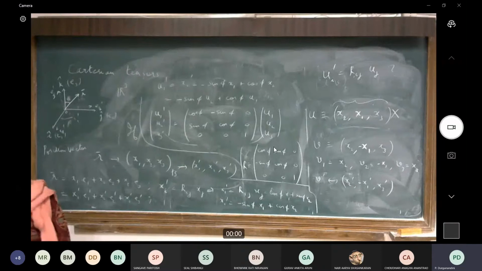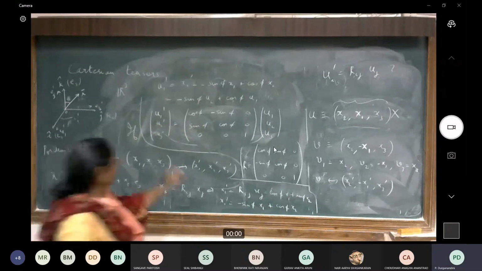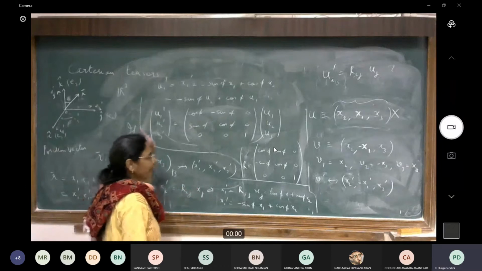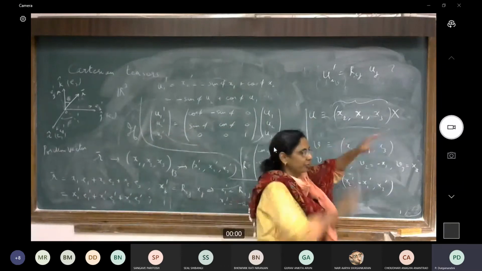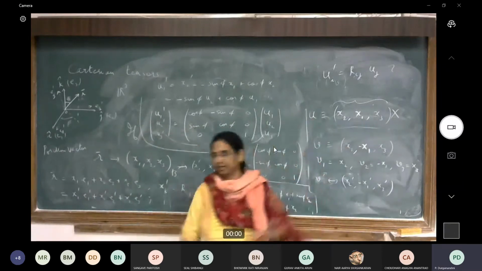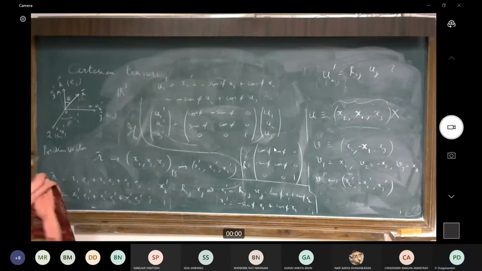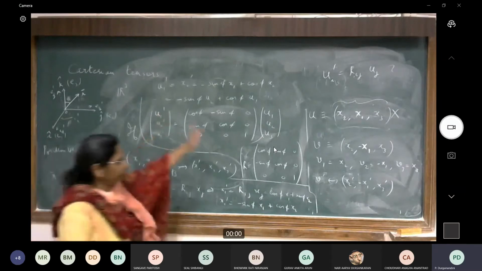Remember, the order matters. So x1, x2, x3 constitutes a vector. But x2, x1, x3, if I put those elements in that order, doesn't constitute a vector or a Cartesian tensor or triangle. But if I take x2, minus x1, x3, that constitutes a vector. So verify this, and do the verification exactly the way I have done.